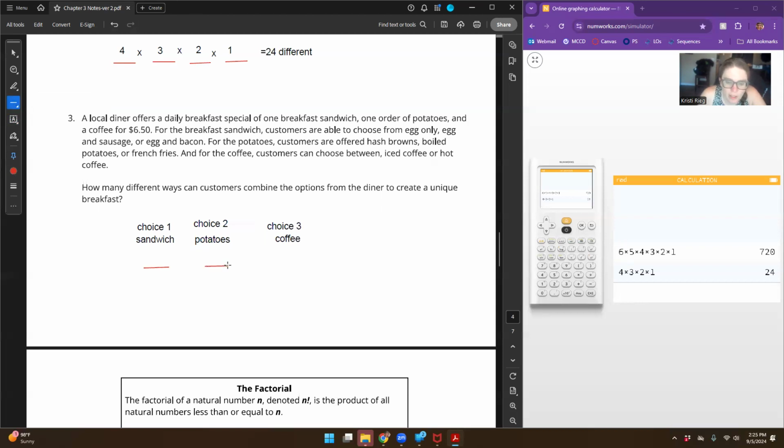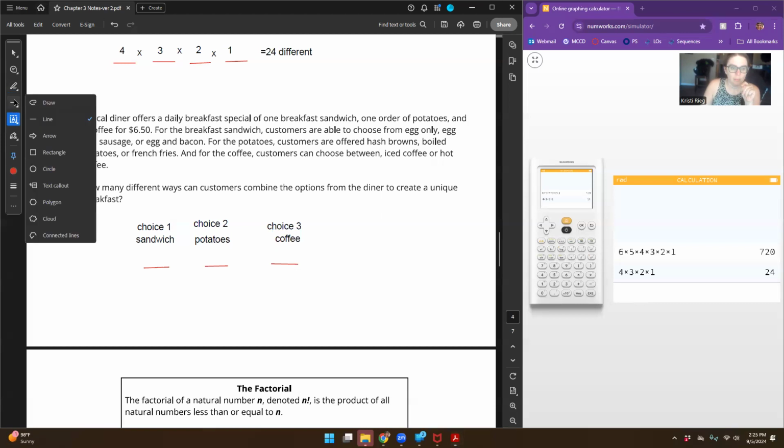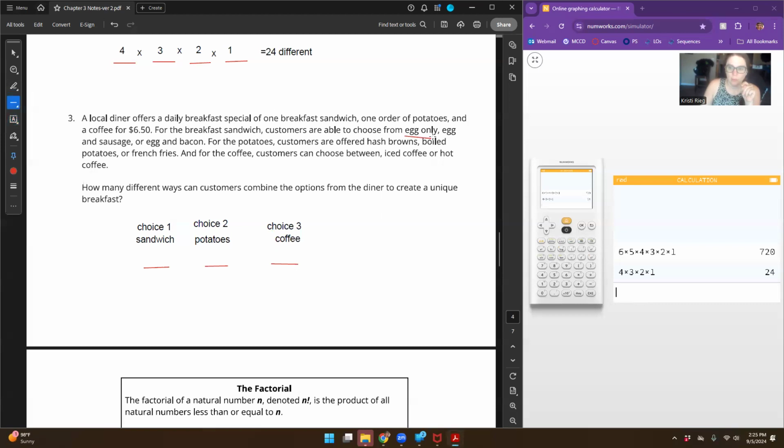Sandwich, potatoes, coffee. So for the sandwiches, how many choices do I have? It says egg only. I'll underline that. Egg only, egg and sausage, or egg and bacon. 3 choices for my breakfast sandwich.